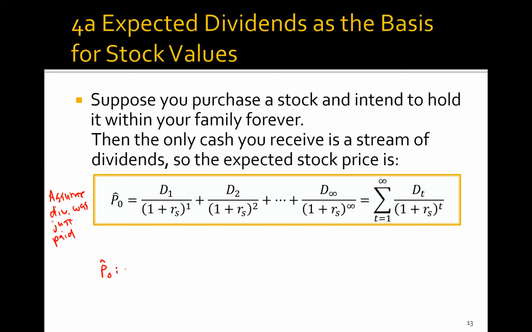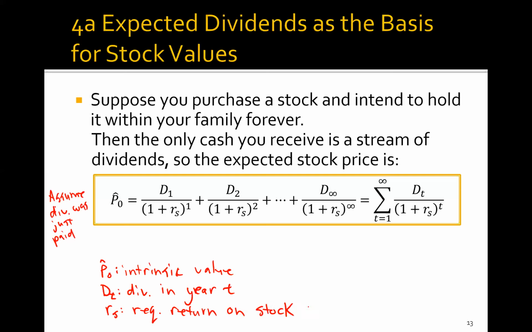P0 hat is the intrinsic value. D sub T is the dividend in year T. And R sub S is the required return on stock S.